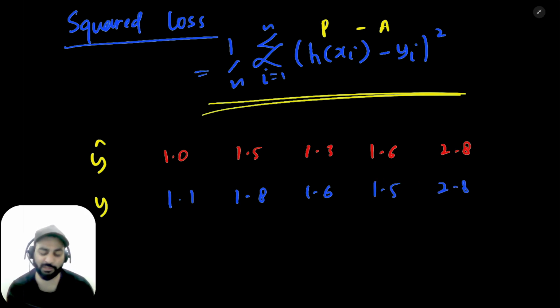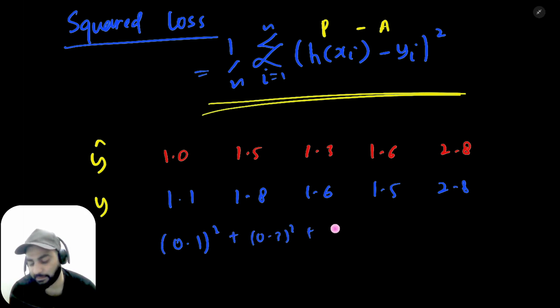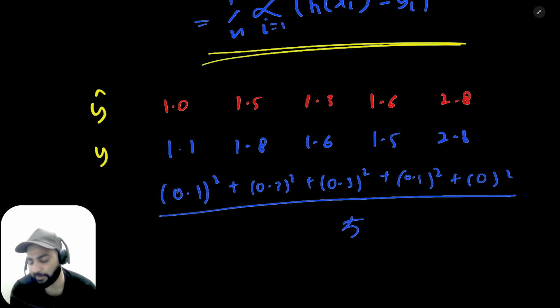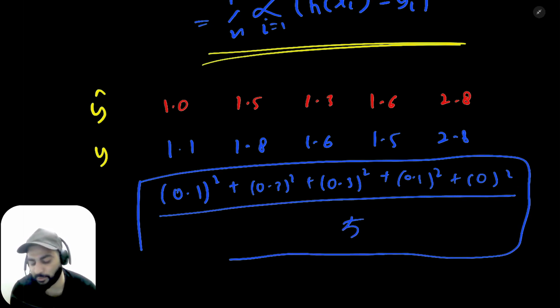If I now want to see the squared loss, I'll subtract and square these things. So this will be 0.1 squared plus 0.3 squared plus 0.3 squared plus 0.1 squared plus 0 squared. After summing all of these, I'll divide by 5. So this will be my squared loss.